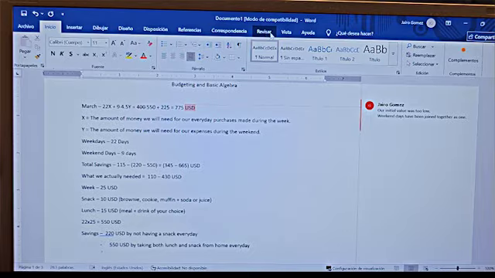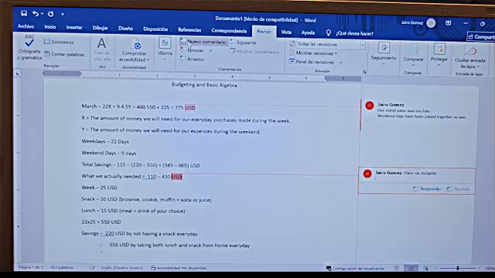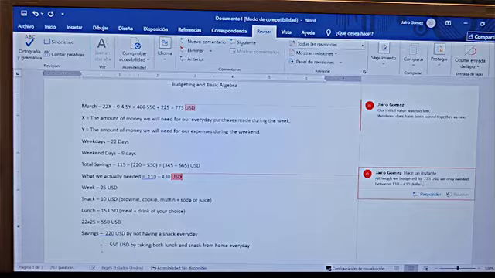So let's do a little comment here. So although we budgeted for $775, we only needed between $110 and $430 for the month of March.